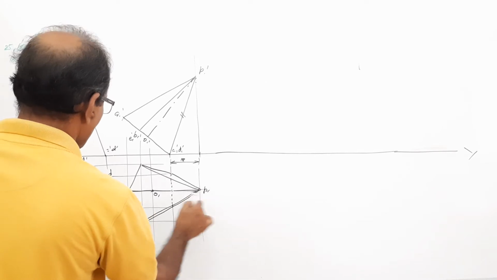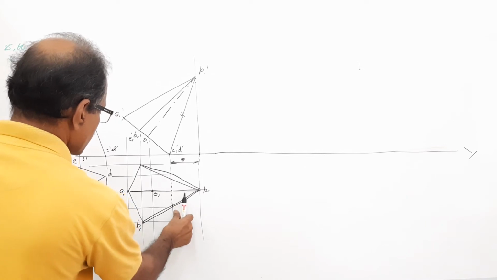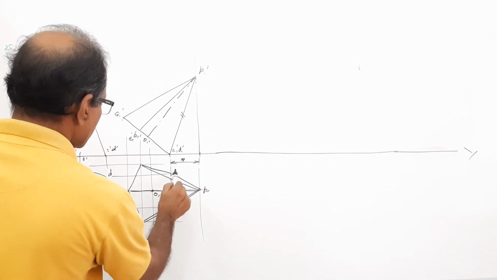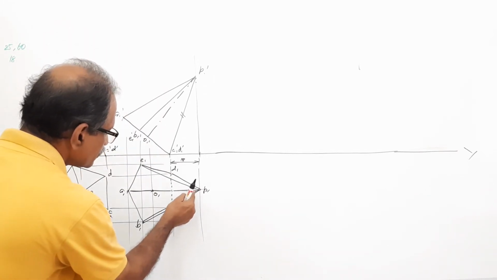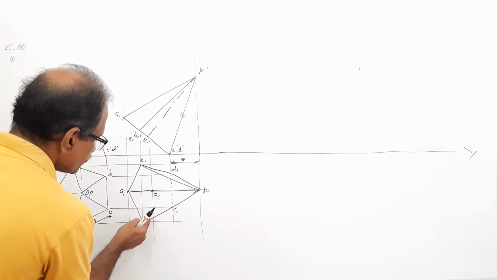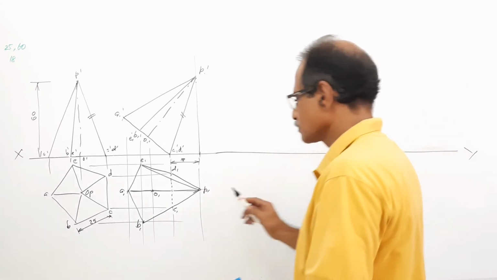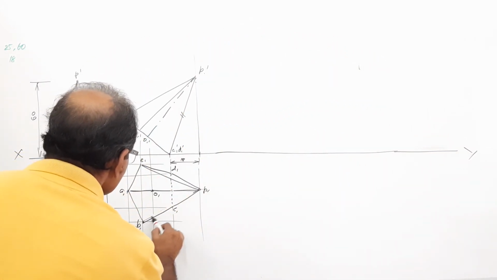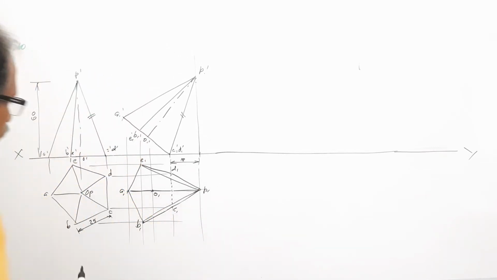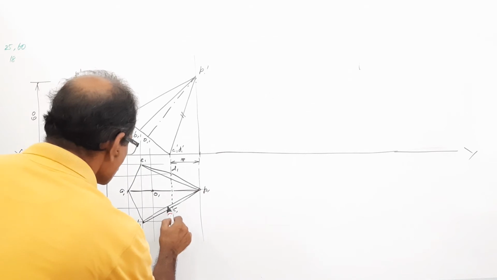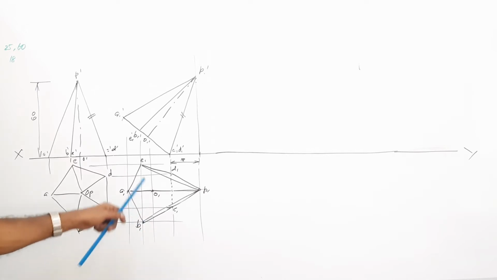O1, P1, A1, B1, C1, D1, E1. Okay. In my drawing, all the slant edges are visible.